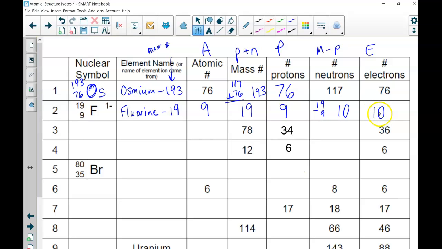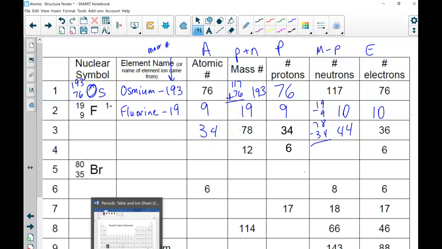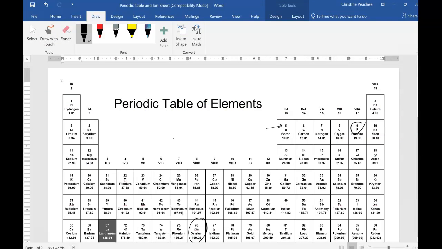Okay, looking at the next example, we have 34 protons, so we know for sure we have 34 atomic number. I can get the mass number by taking 78 minus 34, and I believe that's 44. We're going to subtract those. Okay, and then we can look up who it is by the atomic number, or protons. So we're going to go find element 34 in our periodic table, and as we come across, we see it's this one, selenium.